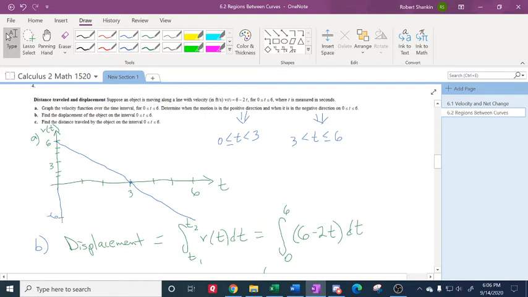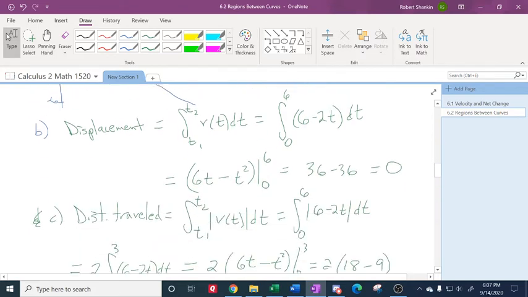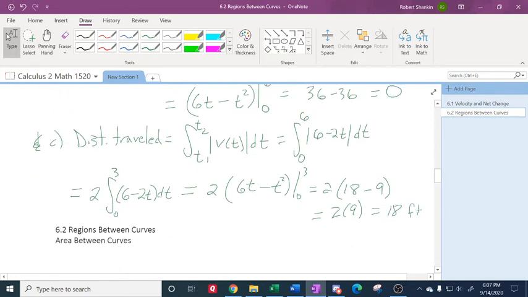If we did the average velocity from 0 to 3, it would have been 3 feet per second, halfway height. So the average velocity of the whole thing was 3 feet per second times a total time of 6 seconds, which gives a total distance of 18 feet traveled.